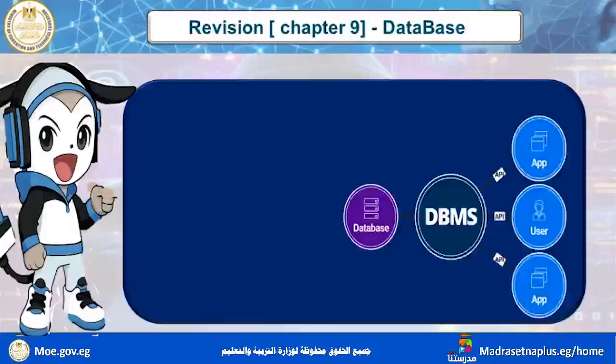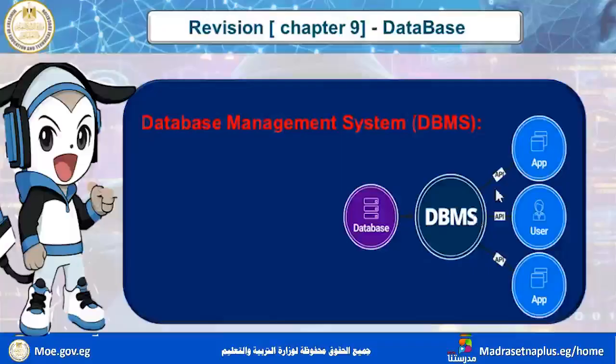Now let's check for database management or DBMS. Look at the picture. We have database here which is organized by DBMS. And DBMS has an interface to apps, an interface to user, and an interface to another app.